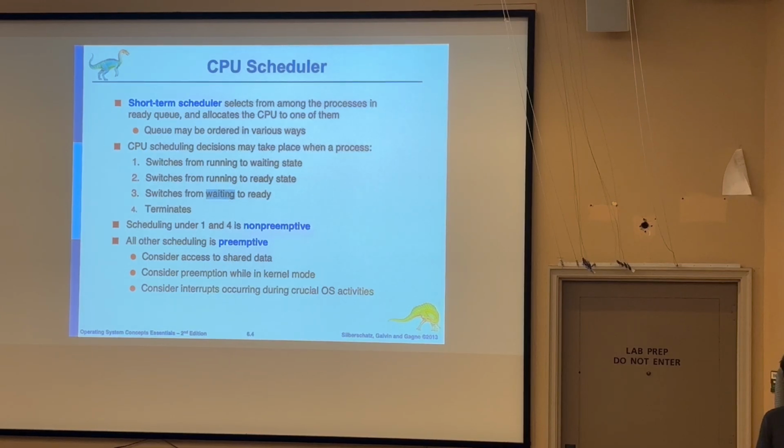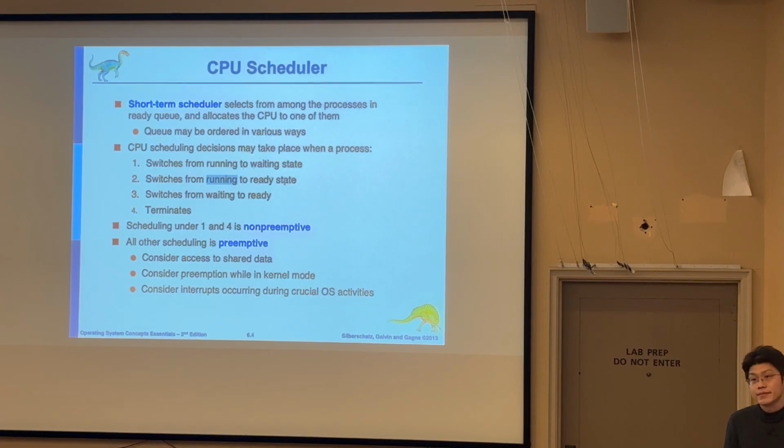Would the same thing happen with the timer? Yeah, timer is for scenario 2. So for scenario 2, a timer interrupt could happen, and it forces a context switch to switch the running process to ready. I mean, like after a timer has ended, like a sleep, for example, going from waiting to ready. Sorry, can I hear that again?